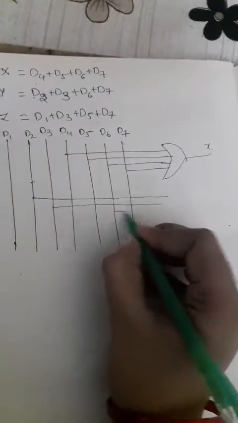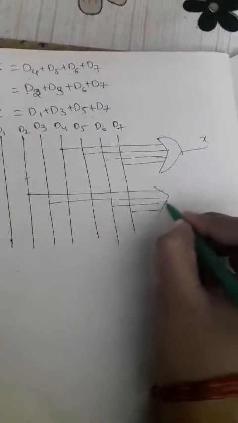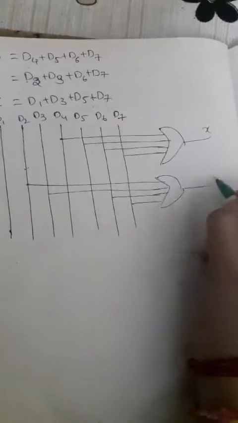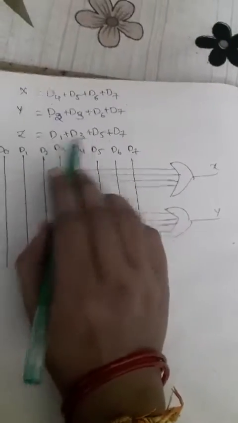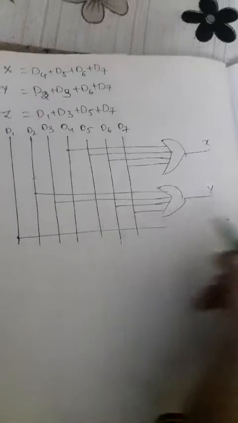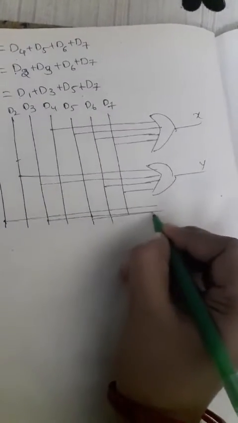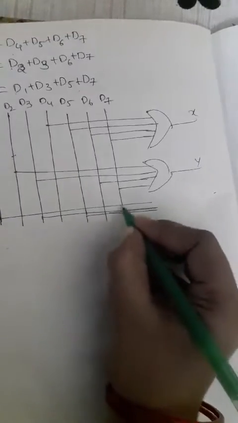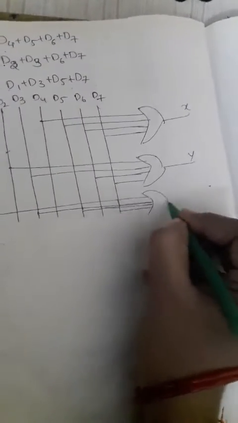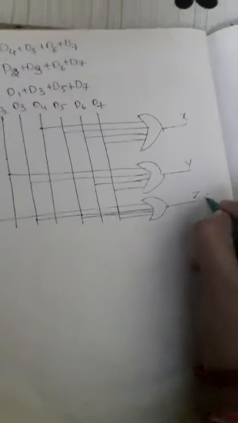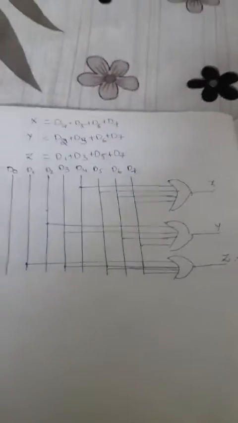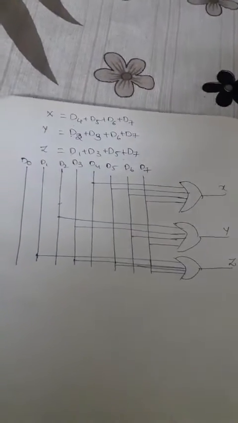This is X. Now Y: D2, D3, D6 and D7. This is Y. And next D1, D3, D5, D7, added with an OR gate. So this is Z. This is the complete explanation of the encoder.